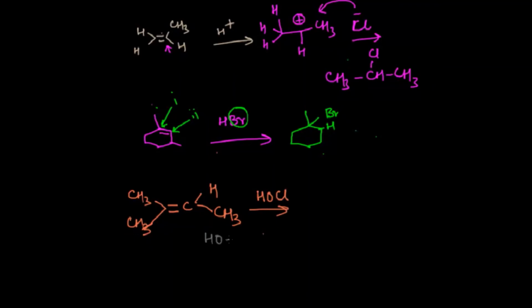HOCl is forming OH minus plus Cl plus, so it is HO minus plus Cl plus. Therefore this is one part of the reaction, that we need to identify a reagent, how it is getting dissociated.